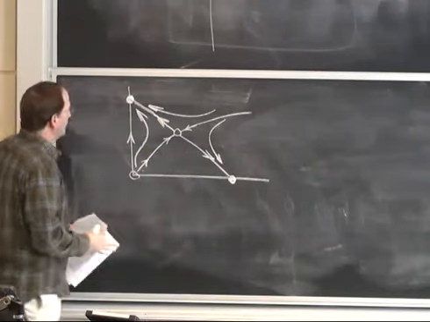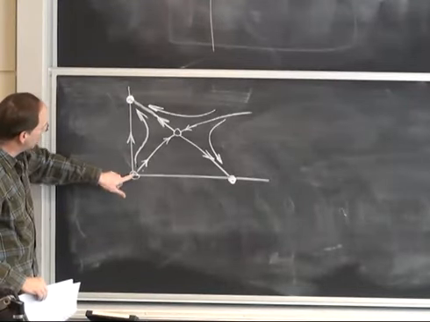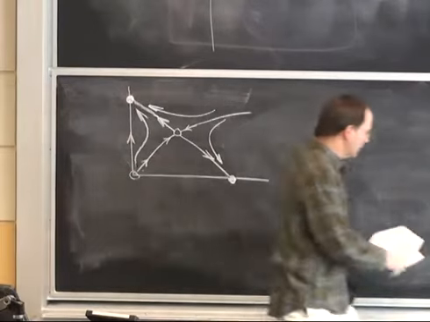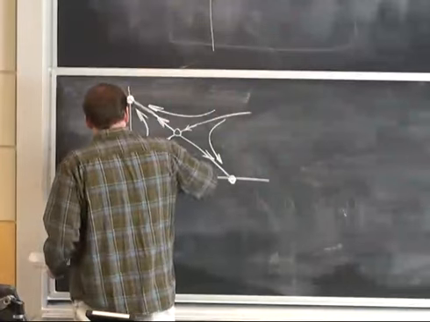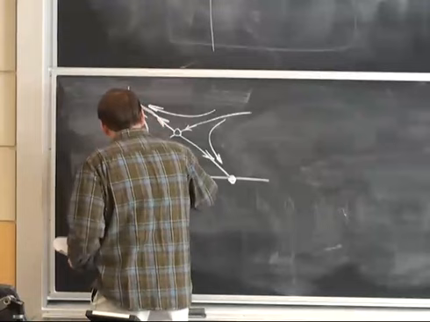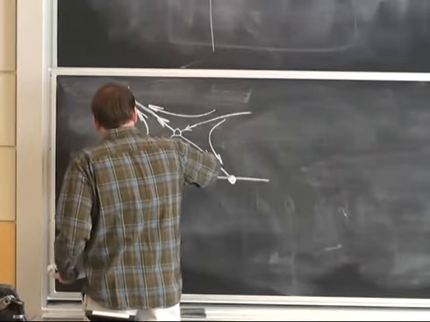Yeah, this is a little confusing, isn't it? Because we said all trajectories leave the node vertically. So maybe I should draw that a little better. I think what I drew can't be right, can it? That is, going back in time, everything has to leave along this direction.